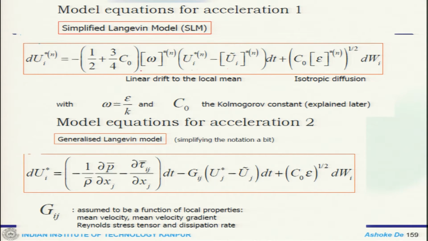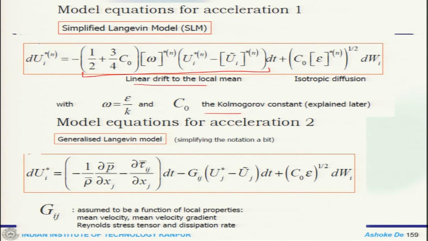The drift calculated here is a linear drift to the local mean. That is why this is known as the simplified Langevin model, and this C naught here is a Kolmogorov constant, which we will explain a little later.